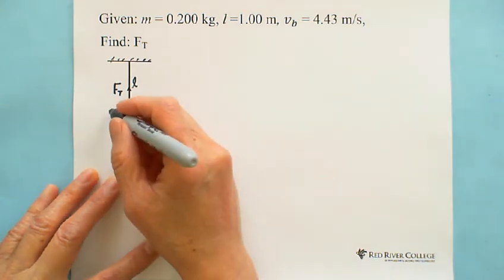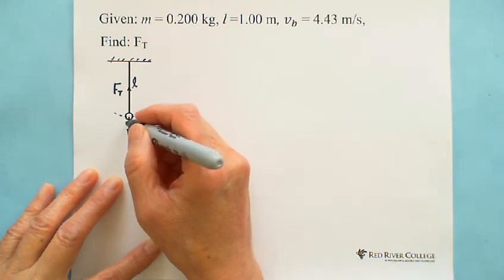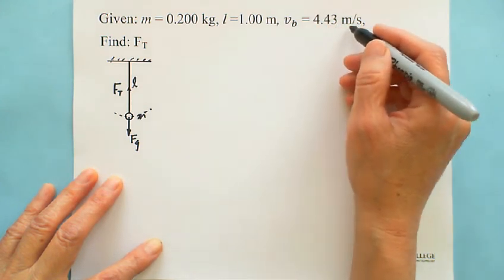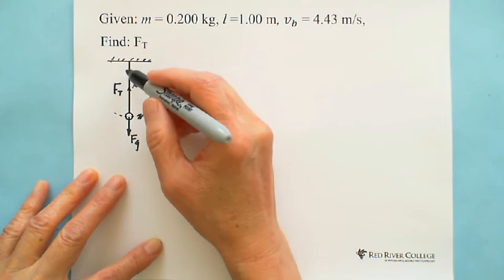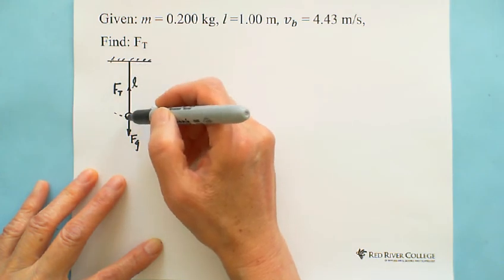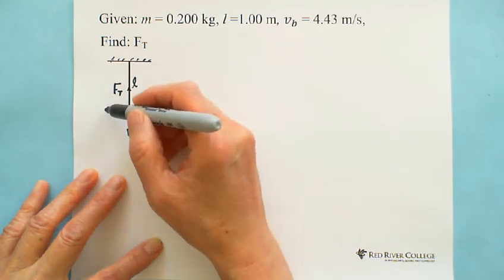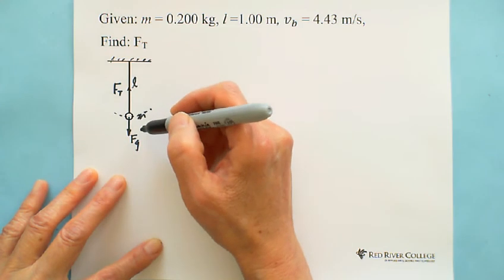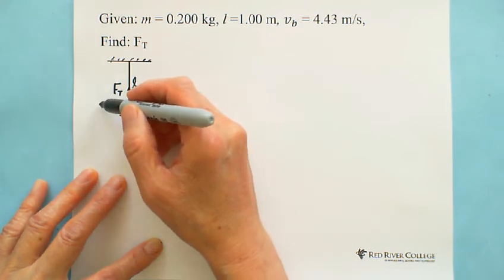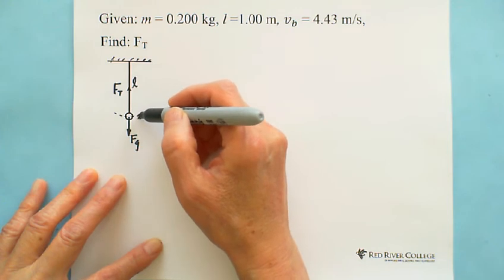So when the small ball swings back and forth, we are given the instantaneous velocity at the bottom. The motion is not uniform, because the ball gets faster going to the bottom, then gets slower.